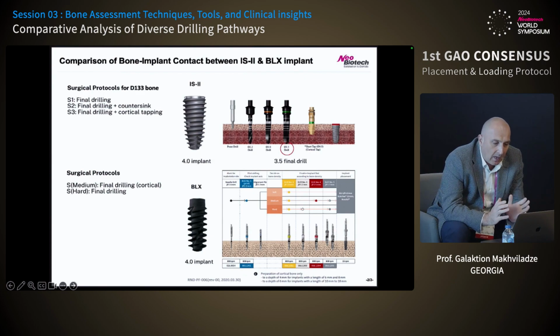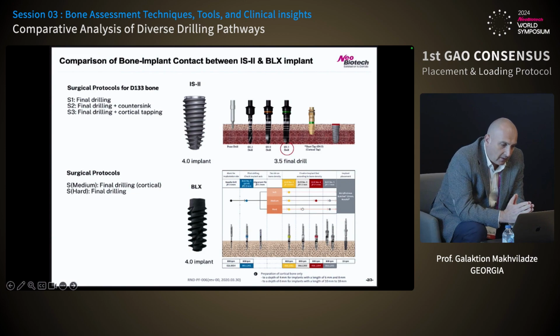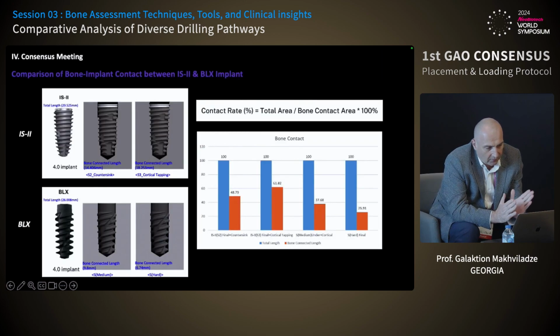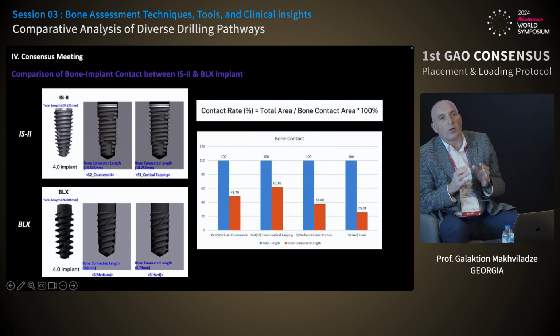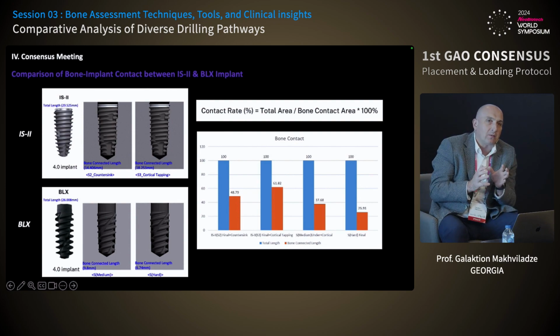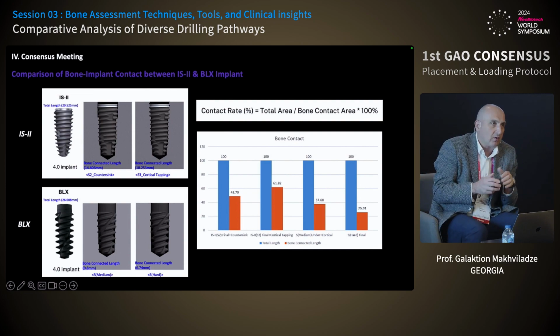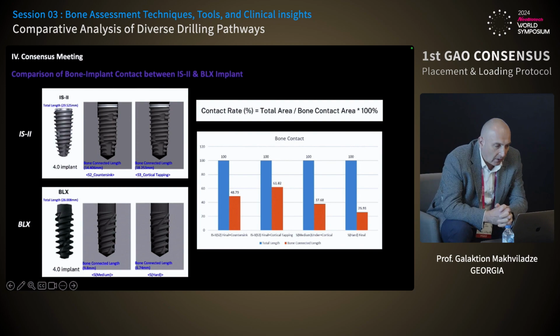Let's compare how it looks in lab analysis. Now we can see in case of the NeoBiotech implant, CMI implant, when we are talking about the NeoBiotech implant, we always mean that it is a CMI concept implant. The CMI concept was explained by our colleagues very well, and therefore I will not waste your time explaining it once more.